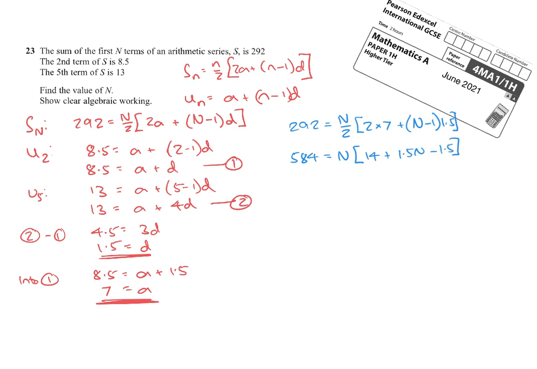This is starting to look rather horrible. 584 is equal to n multiplied by 14, take away 1.5 is going to be 12.5. So it's 12.5 plus 1.5n. You may be able to see where this is going. So 584 is equal to 12.5n, so I'm expanding my bracket, plus 1.5n squared.